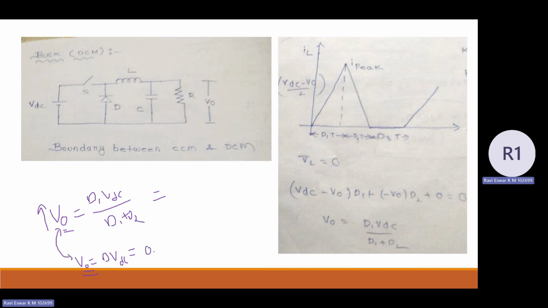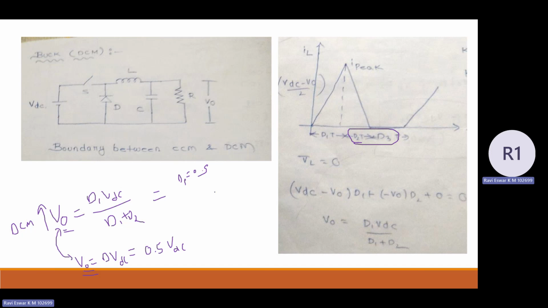Then the output voltage is going to come as V naught equal to 0.5 VDC. Now, in the second condition, DCM analysis, take D1 as 0.5, and D2 plus D3 is equal to 1 minus D1 here.